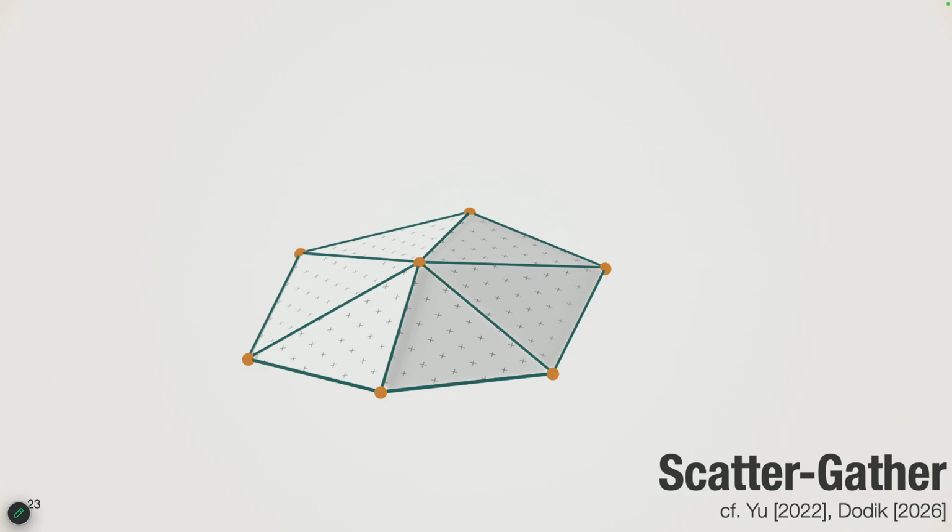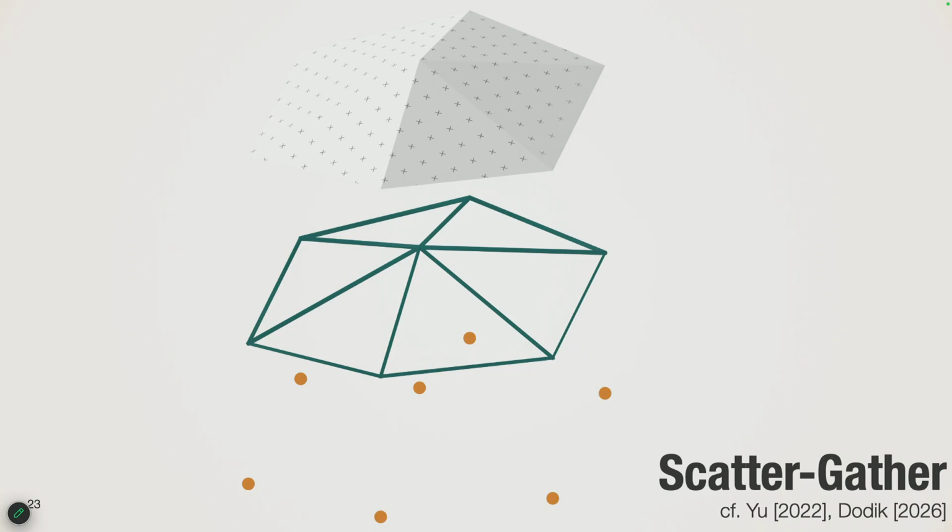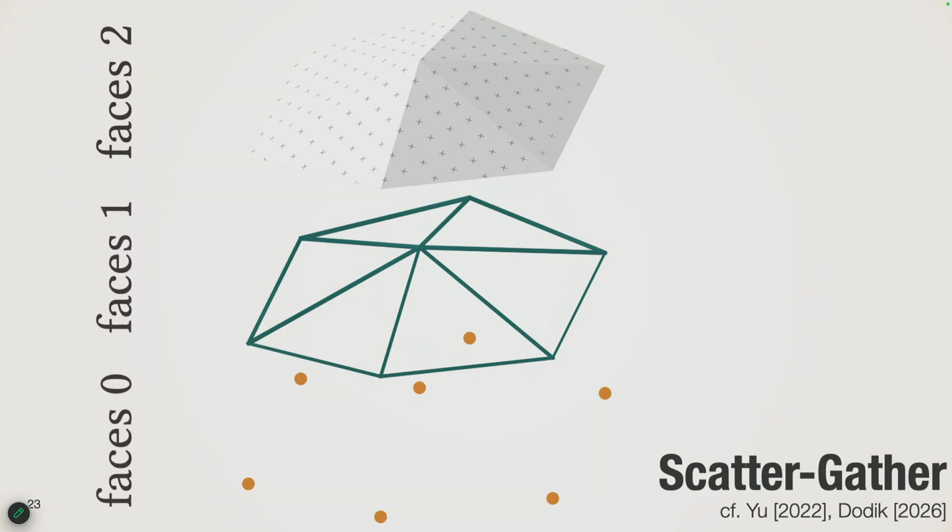Iskra uses what we call a scatter-gather approach where the vertices, edges, and triangles are arranged into a sort of hierarchy. So we say vertices are faces of dimension 0, edges of dimension 1, and triangles of dimension 2. In this hierarchy, we think of edges as subfaces of triangles and vertices as subfaces of triangles and of edges.